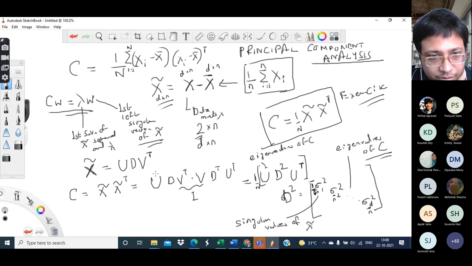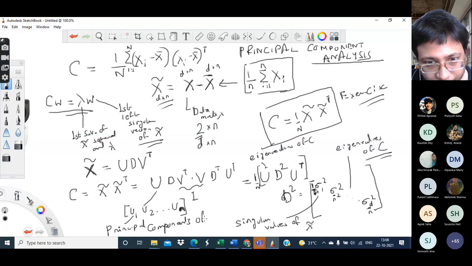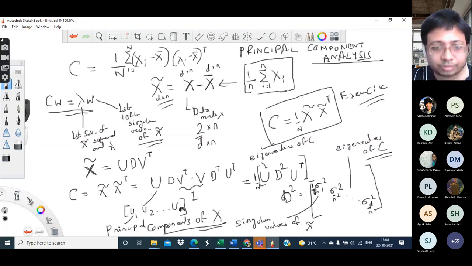So these U1, U2, all the way up to UN, in this case I'm calling it N, these are basically the principal components of X.